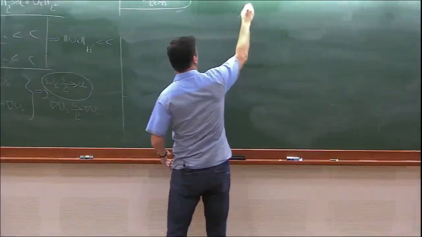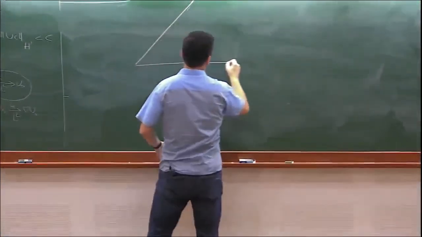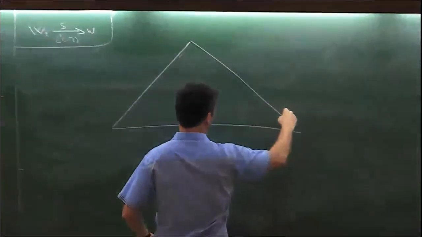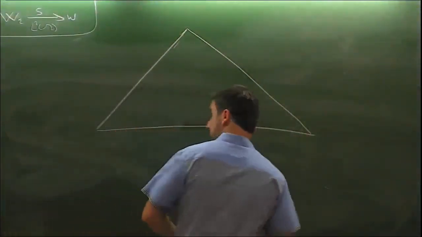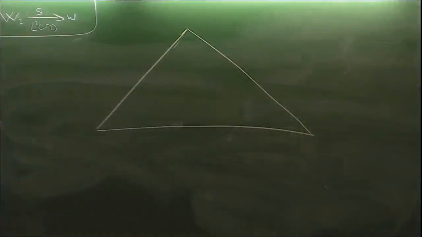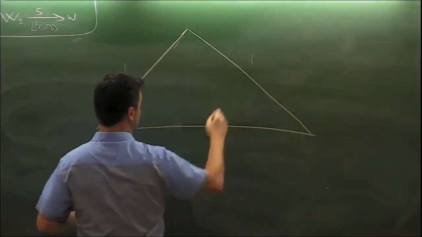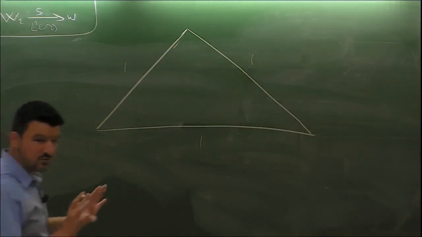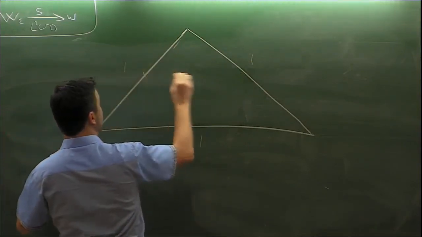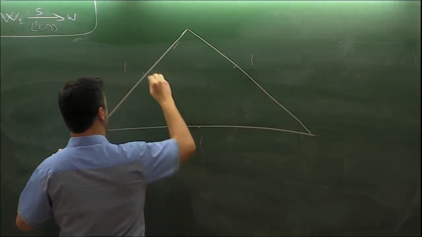You have an equilateral triangle. Well, it's not equilateral in my drawing, so let's assume it's equilateral, of size 1. Everybody knows a little bit of geometry, I hope. So now let's take the midpoints and form the path.